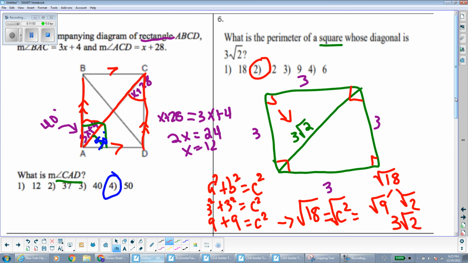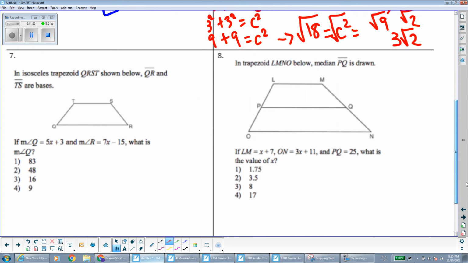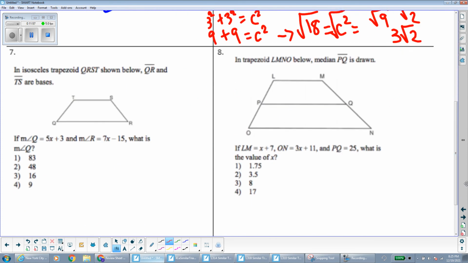Okay, let me move it along to the next question. So in question number 7, we're told that we have an isosceles trapezoid, QRST. So I know, since I have an isosceles trapezoid, that the base angles are congruent to each other.